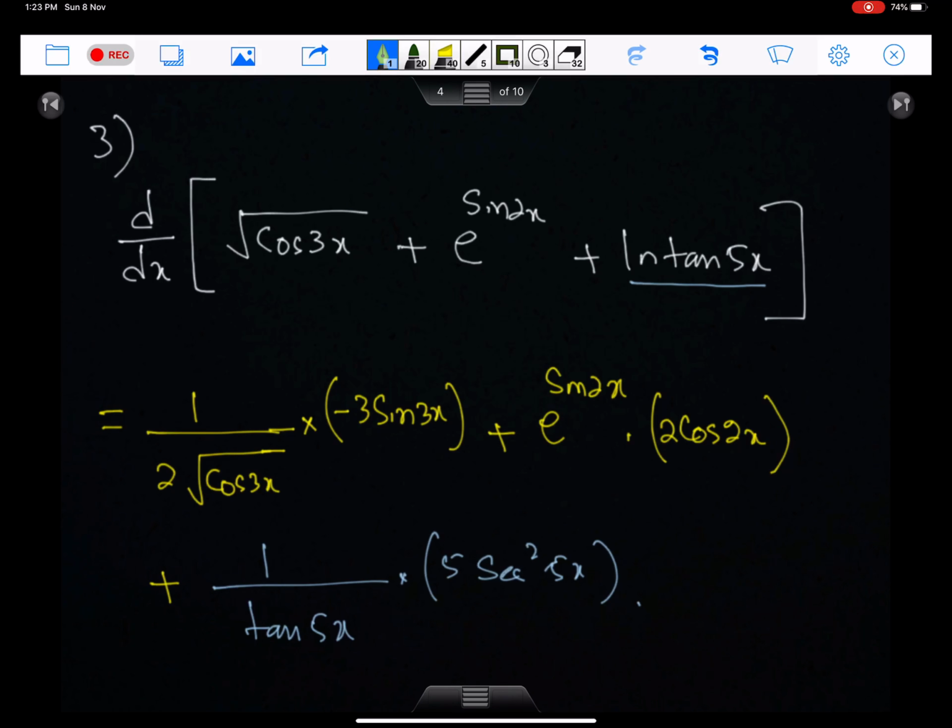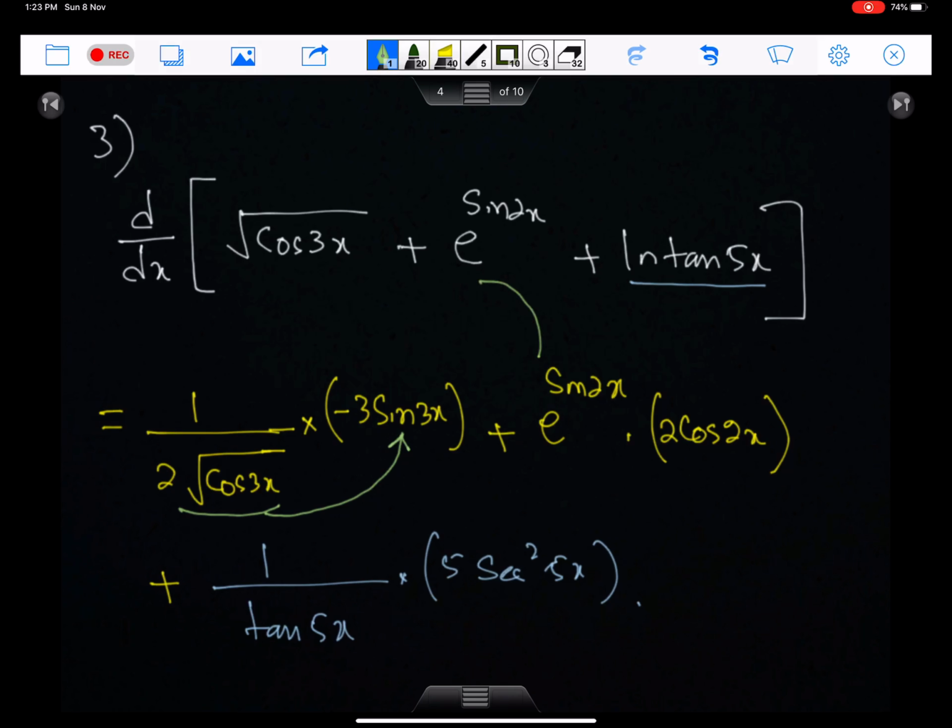Question number 3. We have 3 different functions: under root, exponential, ln. So under root is always differentiated in this way: 1 upon 2 under root cos 3x, and then we multiply by the differential of cos 3x, minus 3 sin 3x.